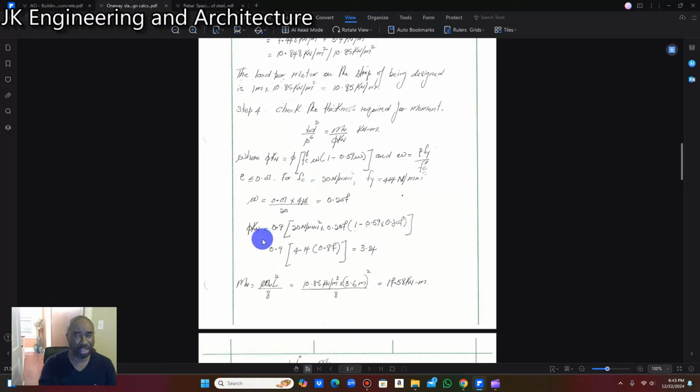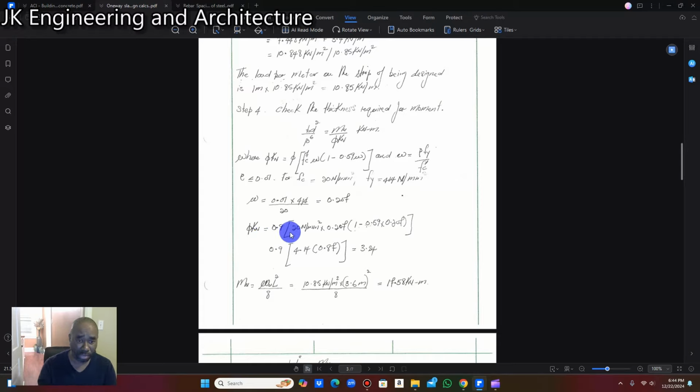For slabs and beams, the design procedure is basically the same. In terms of design, we use phi as 0.9 for flexure.